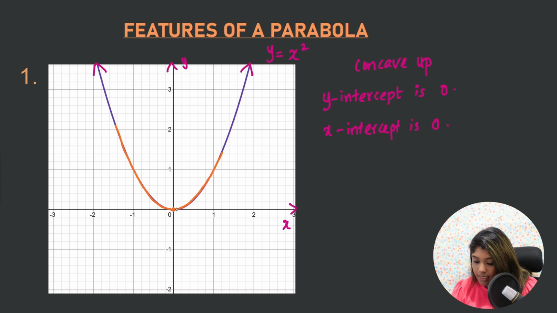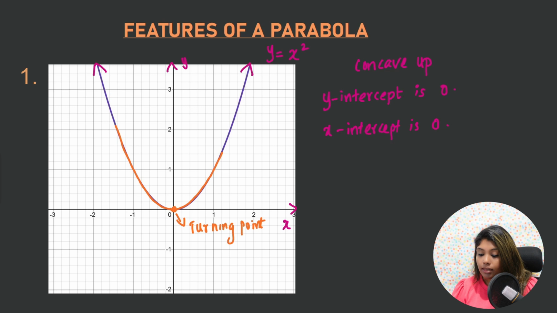After taking a turn at this critical point, it is going to go upwards. This particular point, as I said, is where the graph takes a turn. It's very simple. It's called the turning point. This point is called the turning point of the parabola, or it can also be called the vertex.